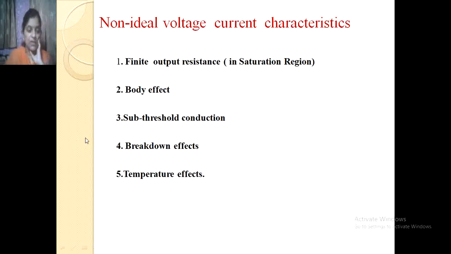Maybe in the university question paper, they can ask to explain any two of that, maybe finite output resistance or body effect, or maybe they ask to explain sub-threshold conduction as well as breakdown effect, or maybe they ask to write breakdown effects and temperature effects on the MOSFET. So you have to prepare for all this in the university question paper. According to how they ask, you have to write the answers.